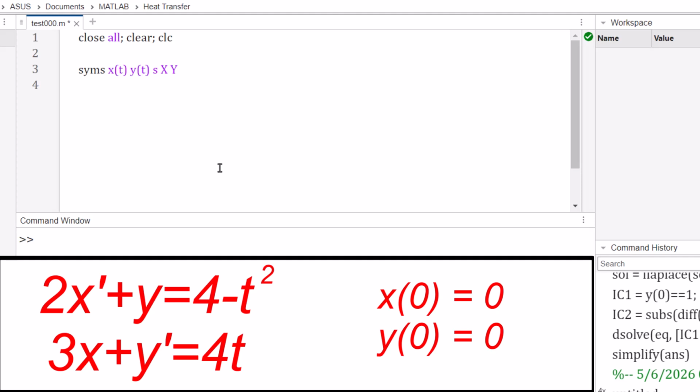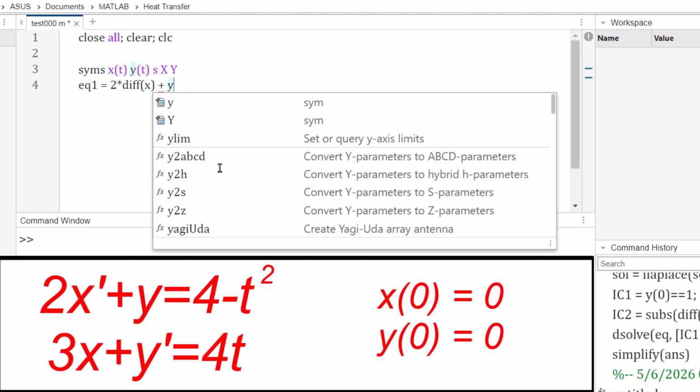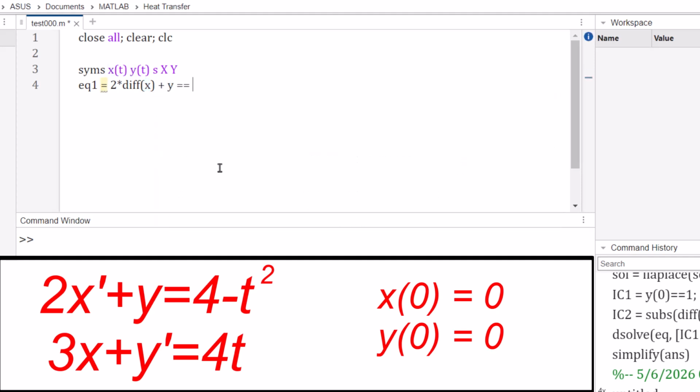Next, I'm going to write two equations. So equation 1 is 2 times the first derivative of x plus y equal to 4 minus t squared.